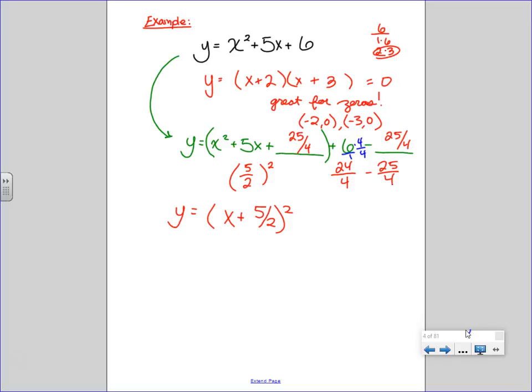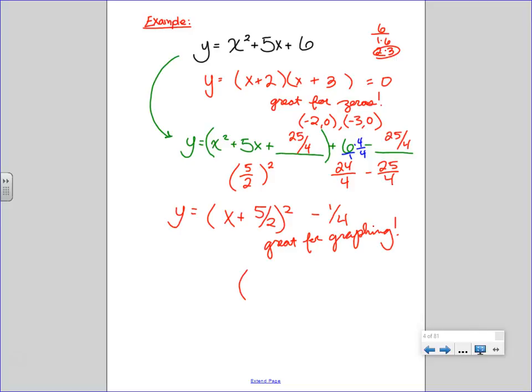And what do we have? Right? What can I now pull out of this form? It's great for graphing because now I know my vertex, and my vertex is, do it correctly, x minus h.